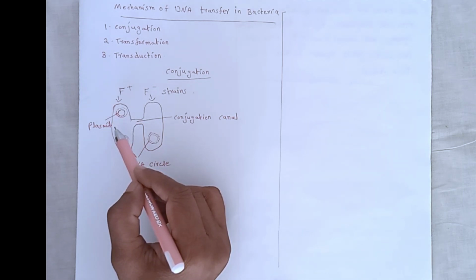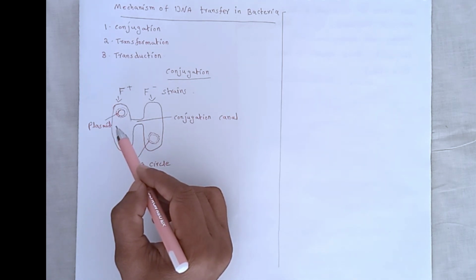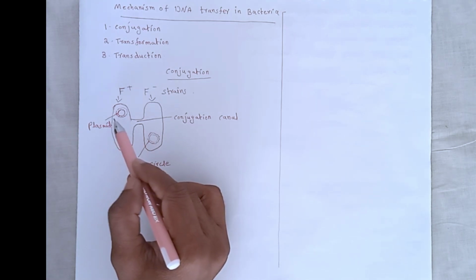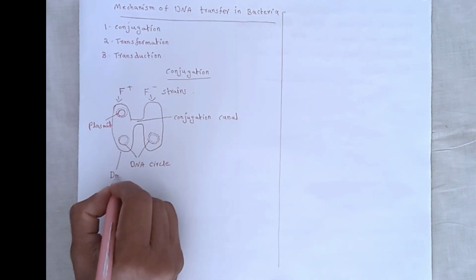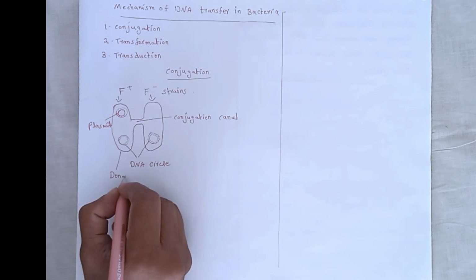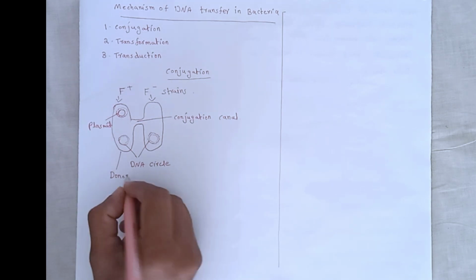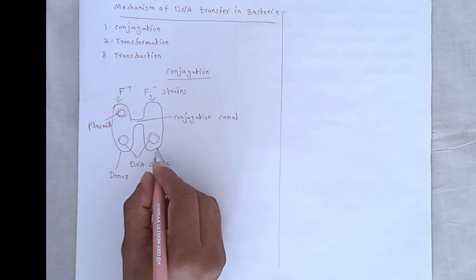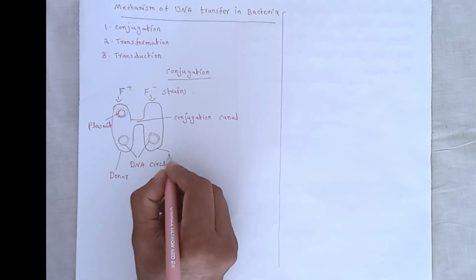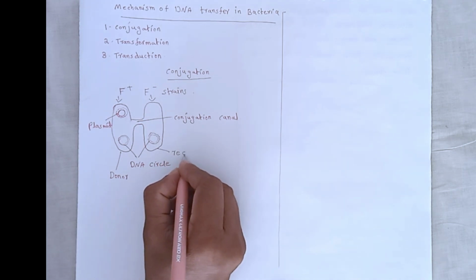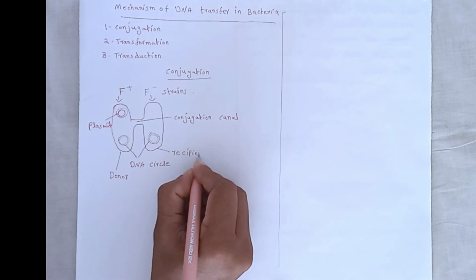Genes are part of DNA. This F plus strain is known as the donor bacteria, and this is the recipient bacteria. F minus is known as the recipient bacteria.